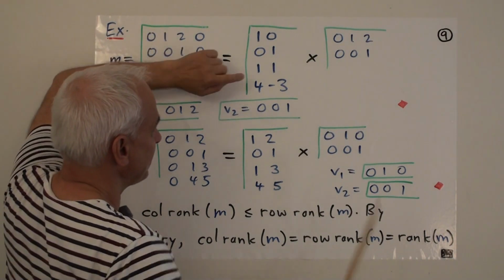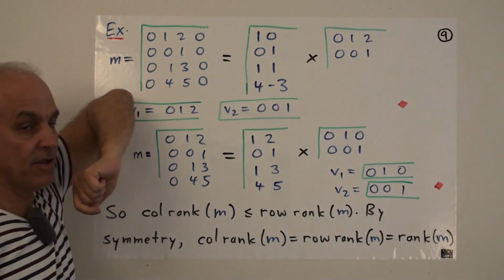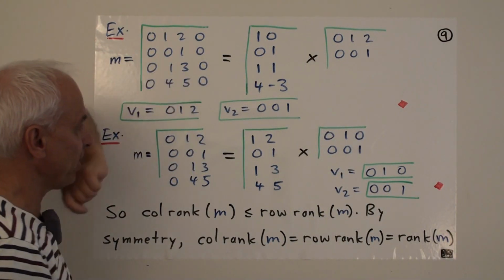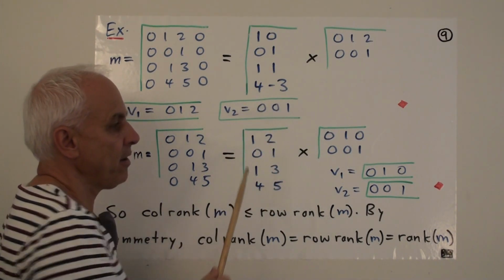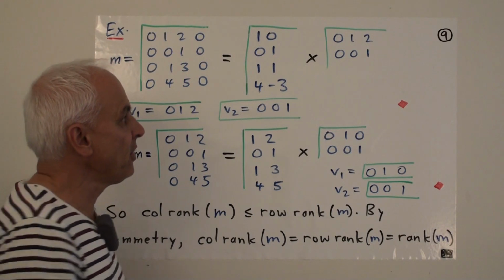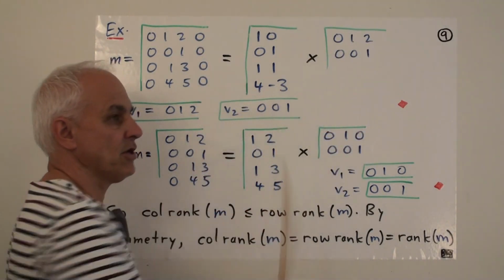And this one here is telling us that 4 times the first row minus 3 times the second row gives us this row here. Right? So these numbers that are appearing here are the coefficients required to express these various rows here as linear combinations of these rows here.